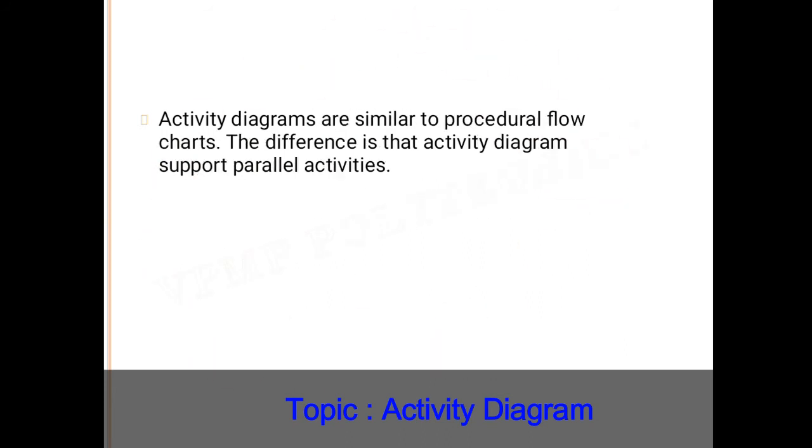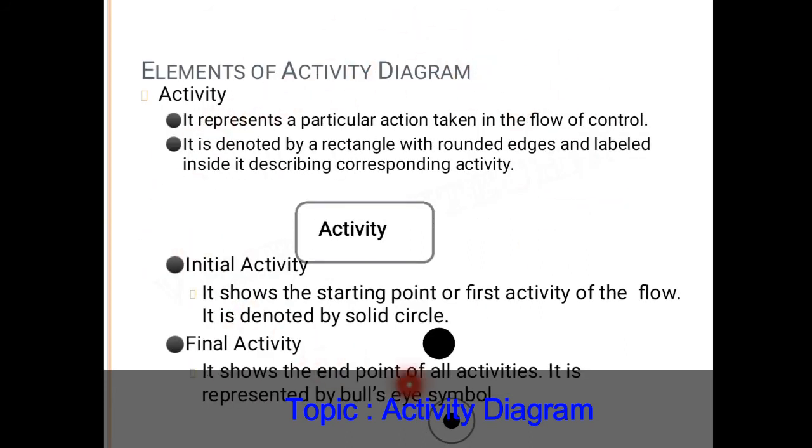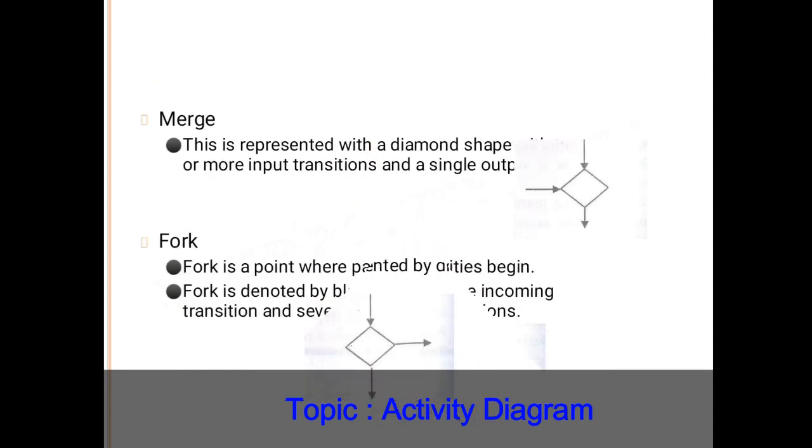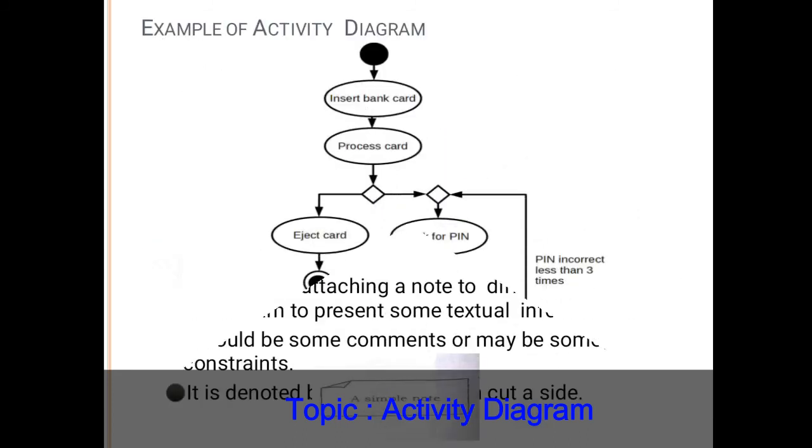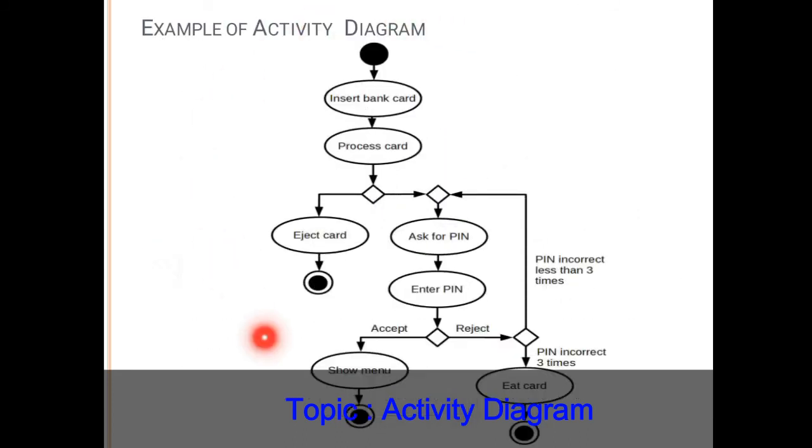Then next, explain your symbols. You have to explain all the symbols with their descriptions. Then this is the example of an activity diagram.